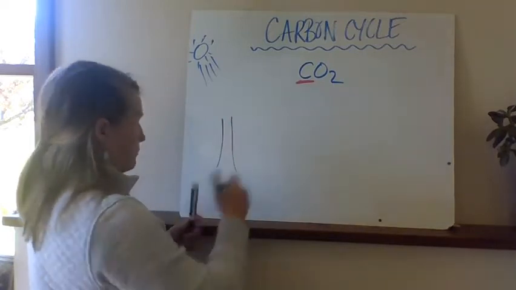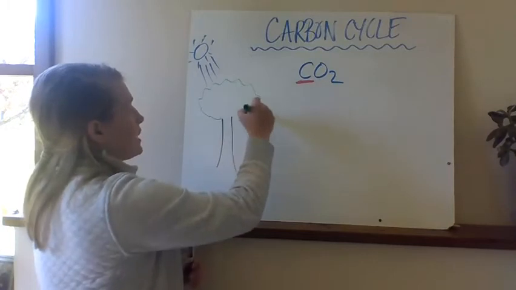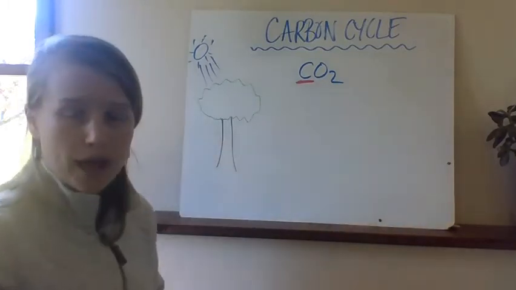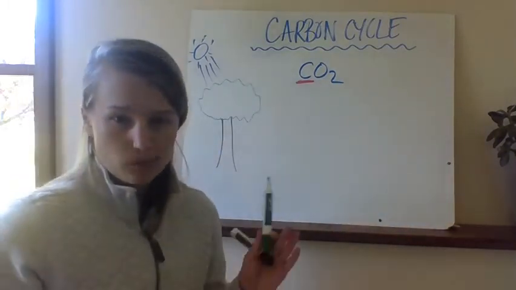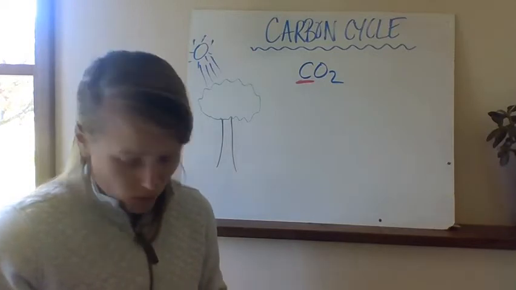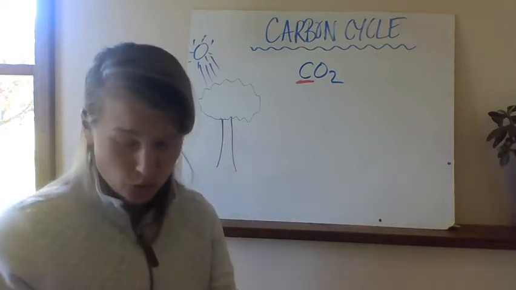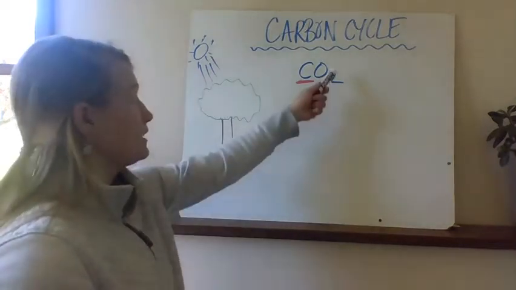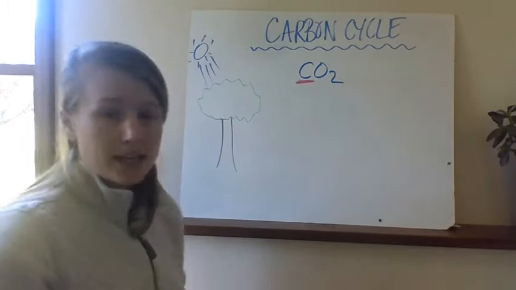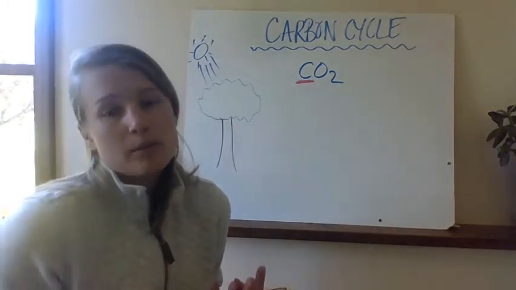Lovely tree. And if you've taken biology, or if you remember any of your 7th grade biology, hopefully you remember that trees go through photosynthesis. They take in carbon dioxide and they take in sunlight, and they're able to make their own sugars.